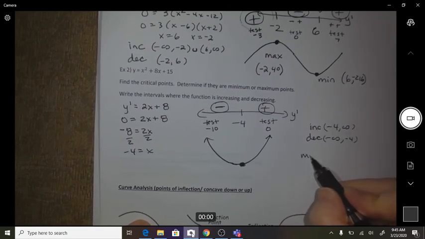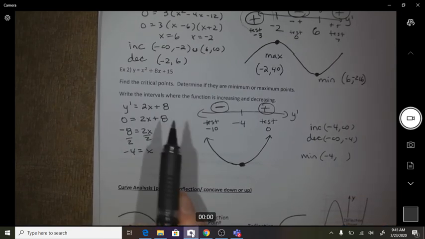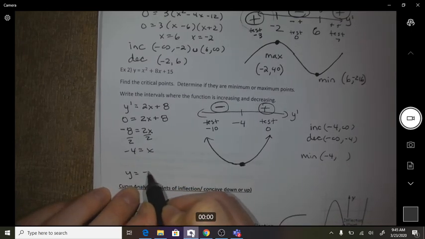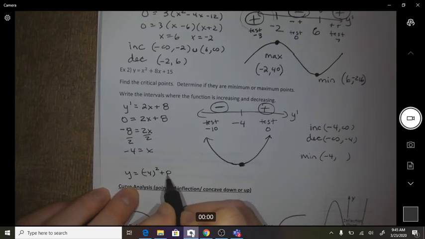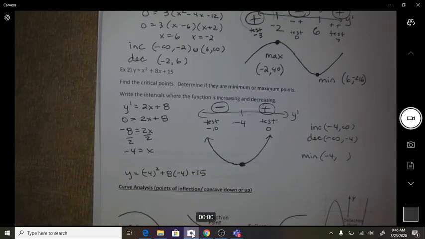And we have a minimum point, negative 4, comma, and then I plug in negative 4. So negative 4 squared is 16, minus 8 times negative 4 plus 15 is what you're doing. And we get negative 1.